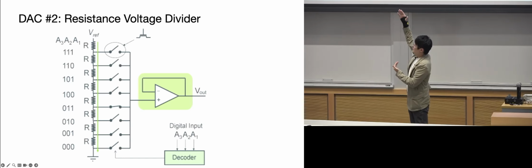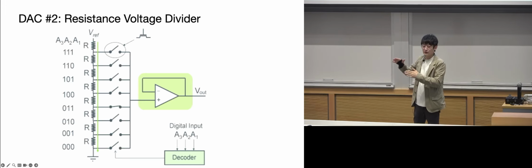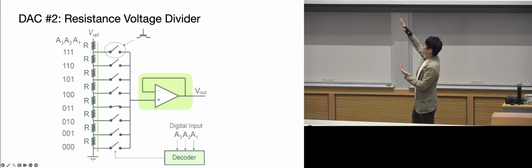You have, in this case, 3 bits, so you have 8 possible voltage output steps, and then depending on the value you need to generate, you just switch on and off. This will be a super fast switch.